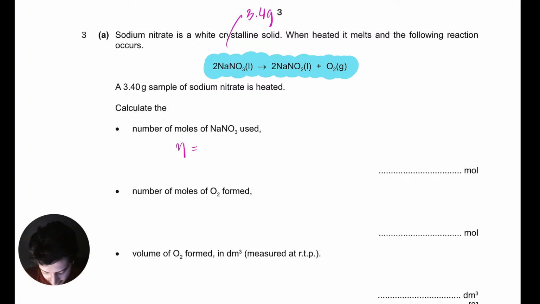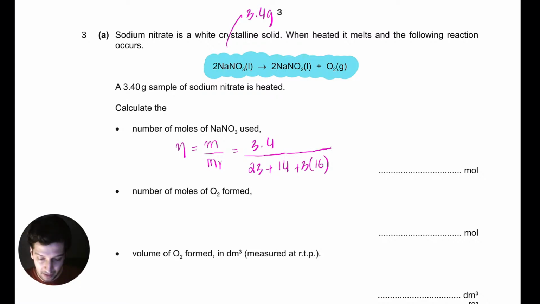The mass is, so let's write the equation down first, for those of you who are a little rusty. 3.4 grams, and the Mr for sodium nitrate. Sodium is still 23 on the periodic table. Nitrogen is 14, and you have 3 oxygens of mass 16 each.